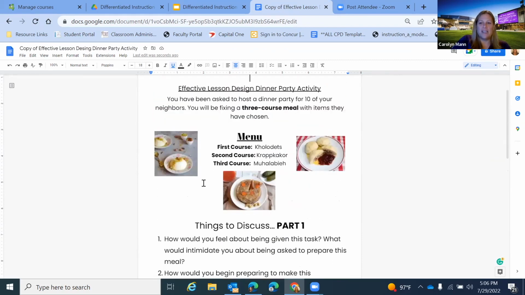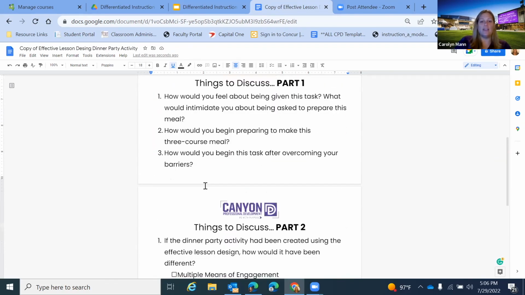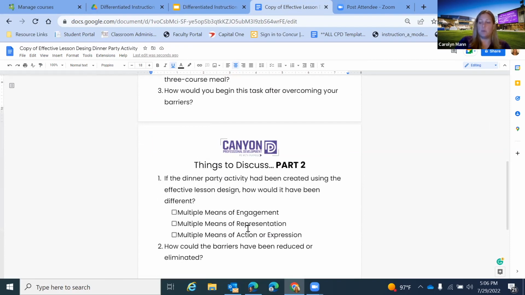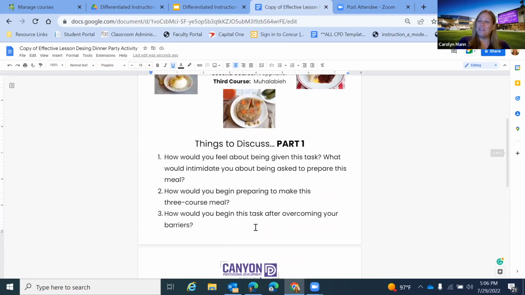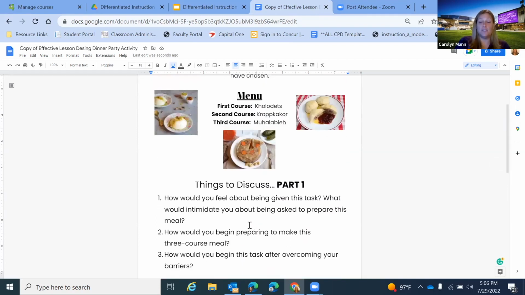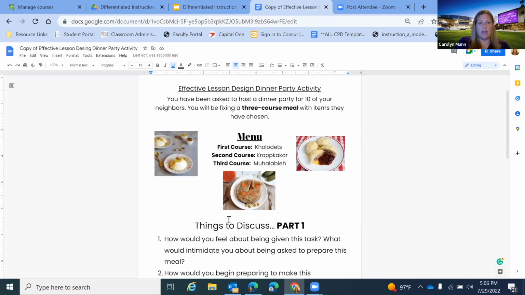What you're going to see is how really considering multiple means of engagement, representation, and expression can completely change a lesson or a task. I know this seems sort of silly, but it really is directly connected to effective lesson planning. What I've asked you to do here is not effective lesson planning.